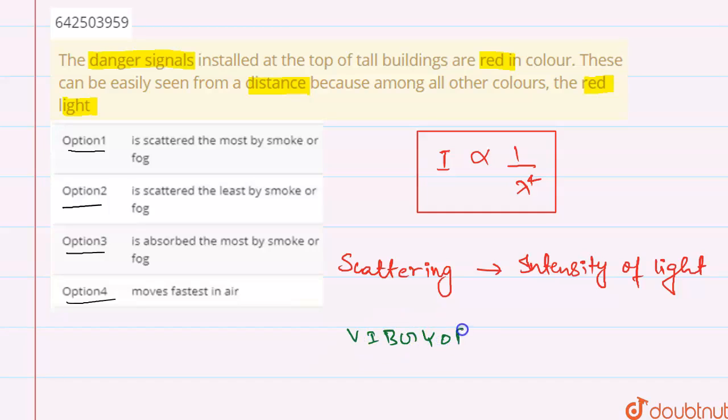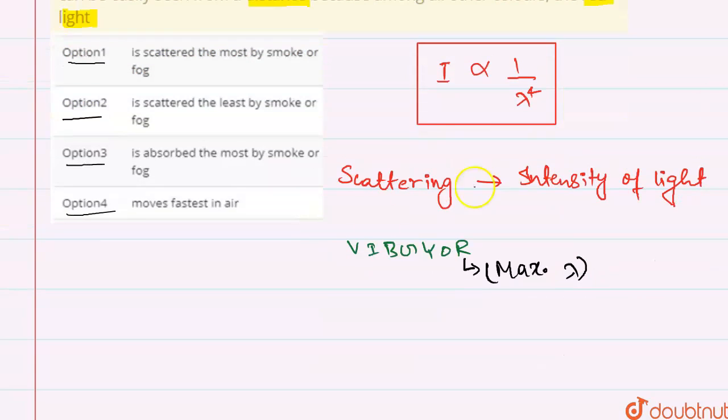the red light has maximum wavelength. Maximum wavelength implies that the red light will be scattered least.